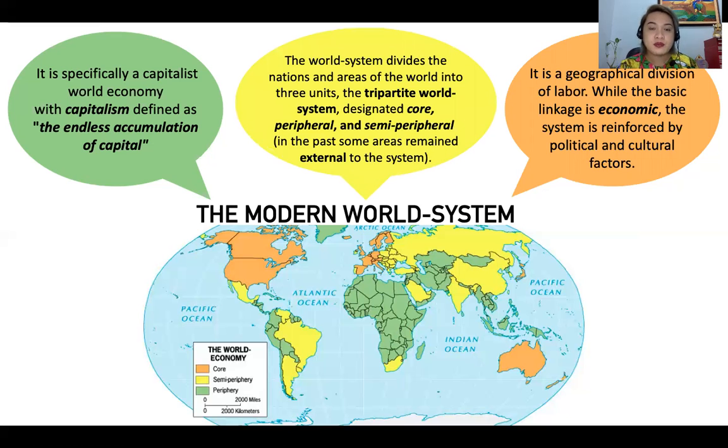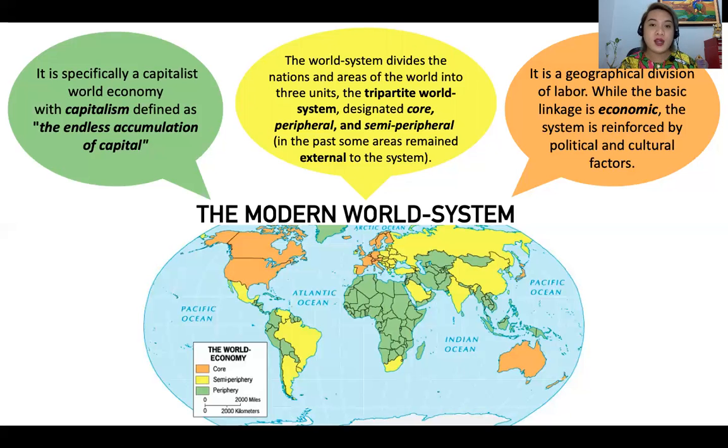Another is that the modern world system divides the world, the nations and the areas of the world, into three parts. We all know that sociologists claimed that the world is divided into first world, second world, or third world countries.